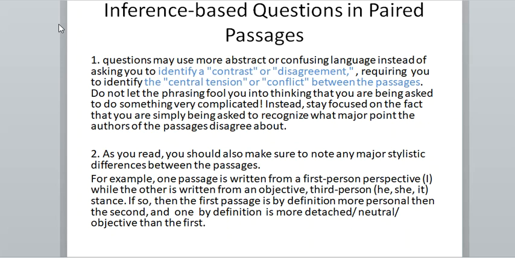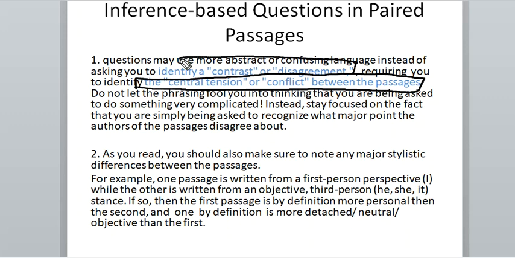Instead of asking you to identify a contrast or disagreement, they require you to identify the central tension or conflict between the passages. So they intentionally use these confusing words, but using these words is actually equivalent to using other words, which are quite direct and clearer to the reader.